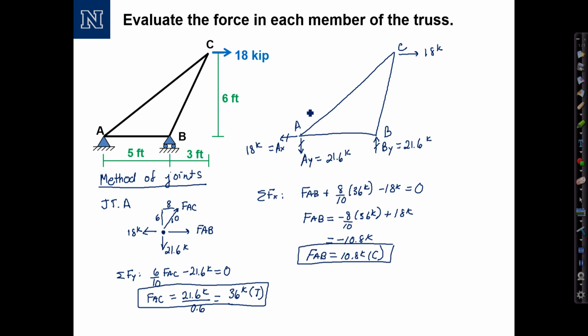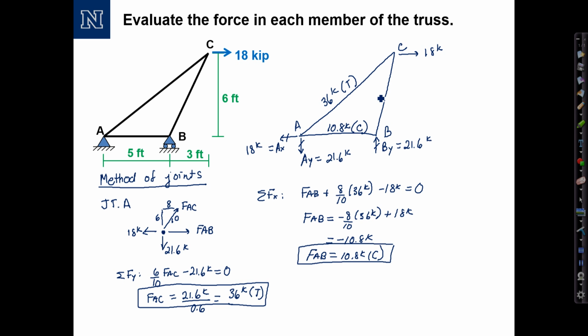I also like to draw my answers on my free body diagram as I go and keep track of the information I'm finding out. So I have the 36 kips in tension, 10.8 kips in compression. Now the last unknown would be member BC.